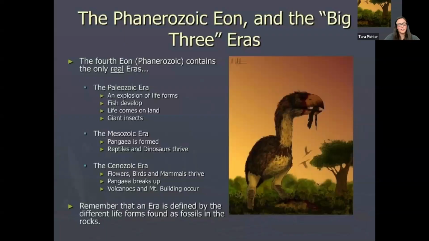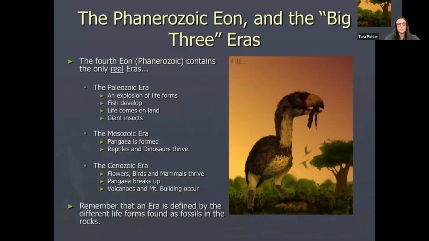Well, actually, I think that's a good segue to maybe next class doing fossils in the later time periods for sure. Or I should say earlier, whatever way you want to look at it. All right, so in our Phanerozoic eon, there are 3 big eras. We have the Paleozoic era, the Mesozoic, and the Cenozoic era.